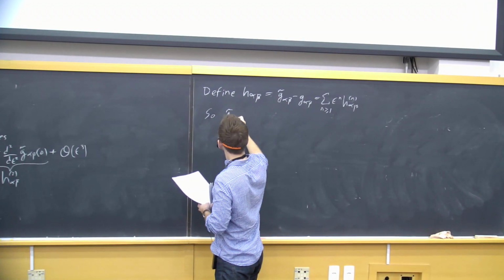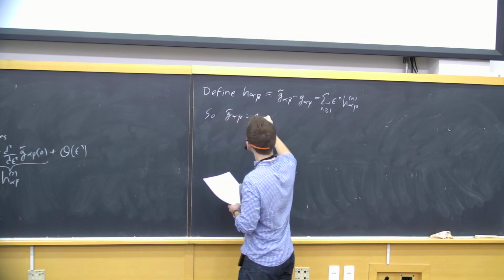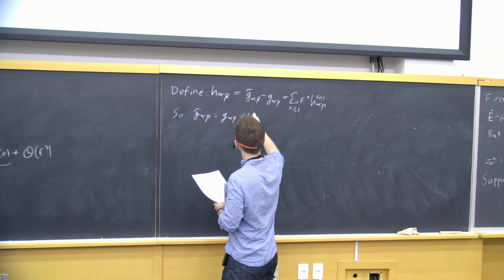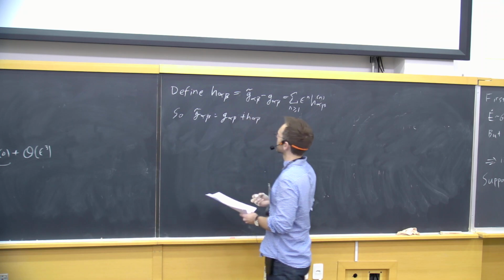So the total metric is now the background plus this exact perturbation H.